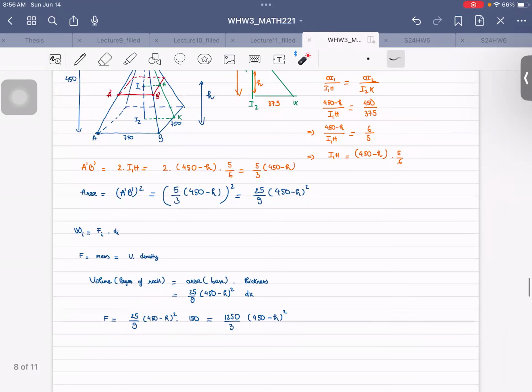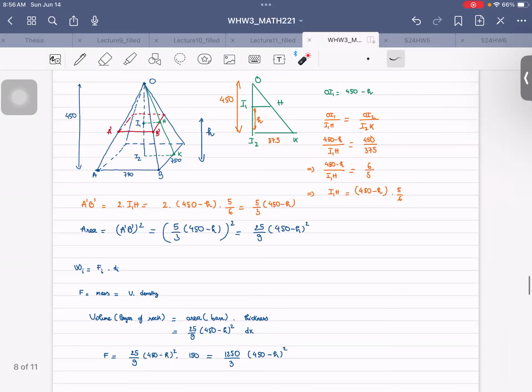For the bottom layer, it doesn't have to travel much, so the distance is just zero. But for the layers of rock at the high position h, that means it had to travel upward h to get to the top of the other layers.